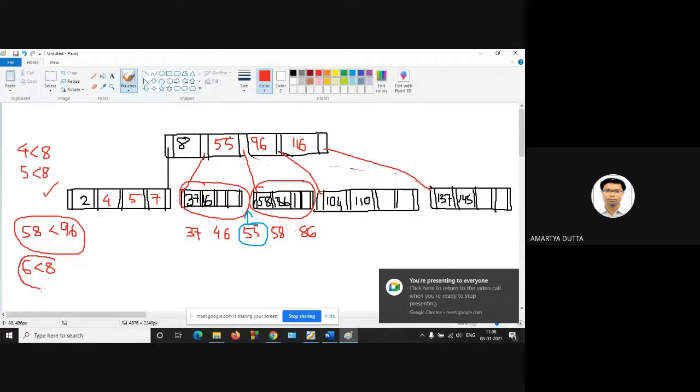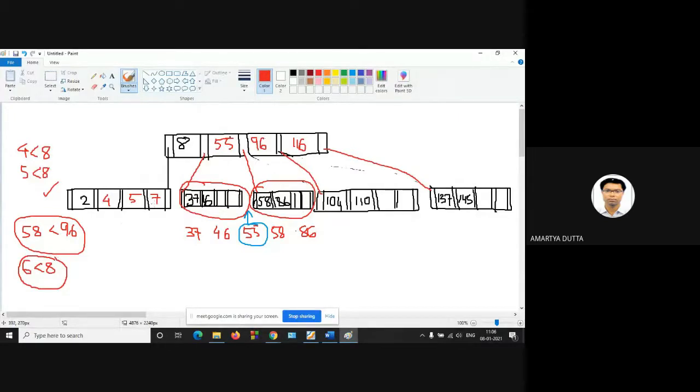What should I do? We will insert it after 5. Then the node crosses the limit, and hence we will have to send 5 upwards as it is the median. So 2, 4, 5, 6, 7. So the median will be 5. Okay.